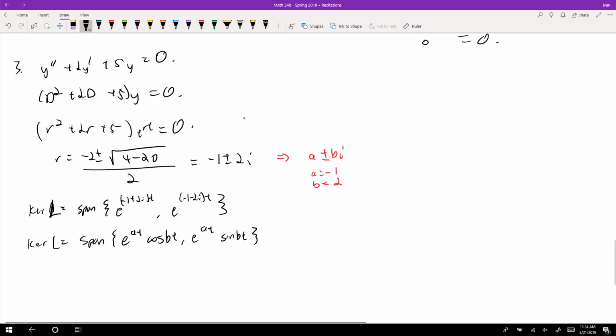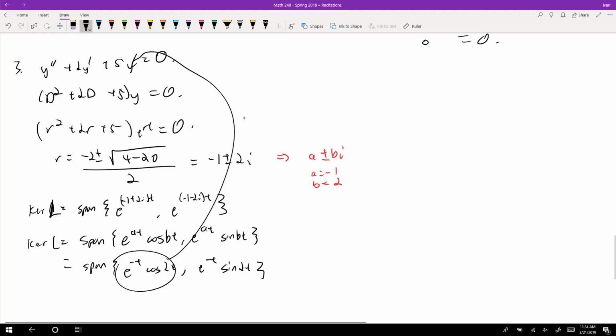For those of you in Friday Recitation, I'm not going to derive why this is the case. You can ask the Wednesday kids how I derived it. Again, not important. But if you plug these in, in our case the span of e to the -t cosine 2t, comma, e to the -t sine 2t, for y up here, it's going to work.